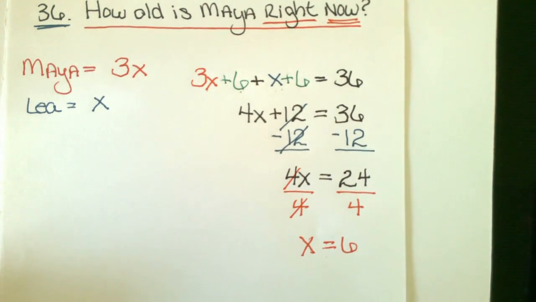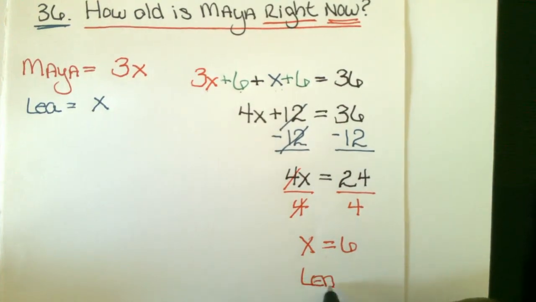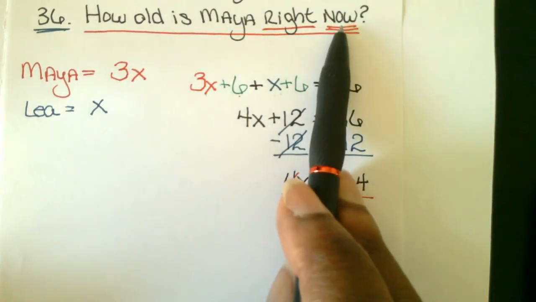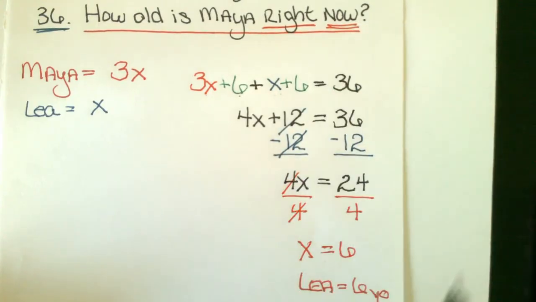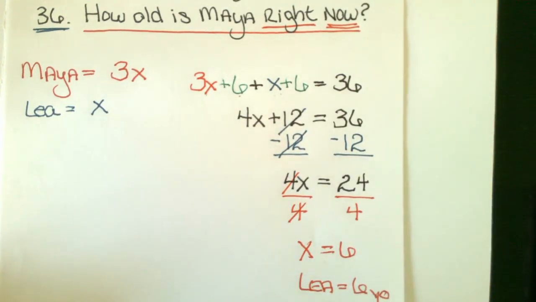Okay, there you go. So this is Leah or Leia, depending on where you're from. So she's 6 years old. But we're looking for how old Maya is right now. So we've got to take this 6 and plug it in for the x.